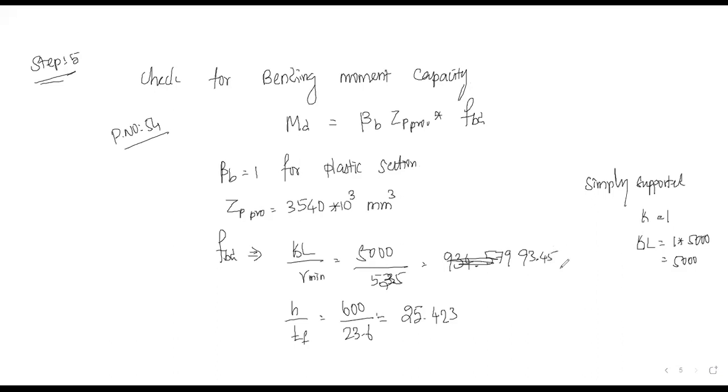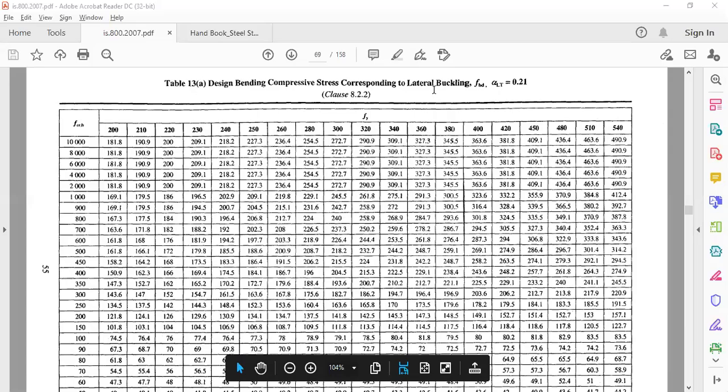So for the values 93.45 and 25.42, what is the value of fbd that we are going to calculate? I'm going to assume our section is a rolled steel section.